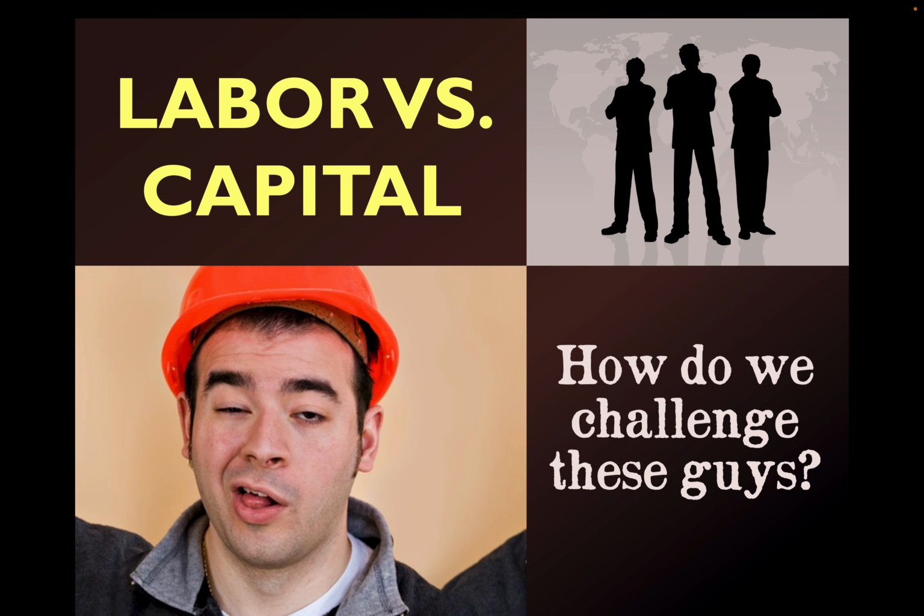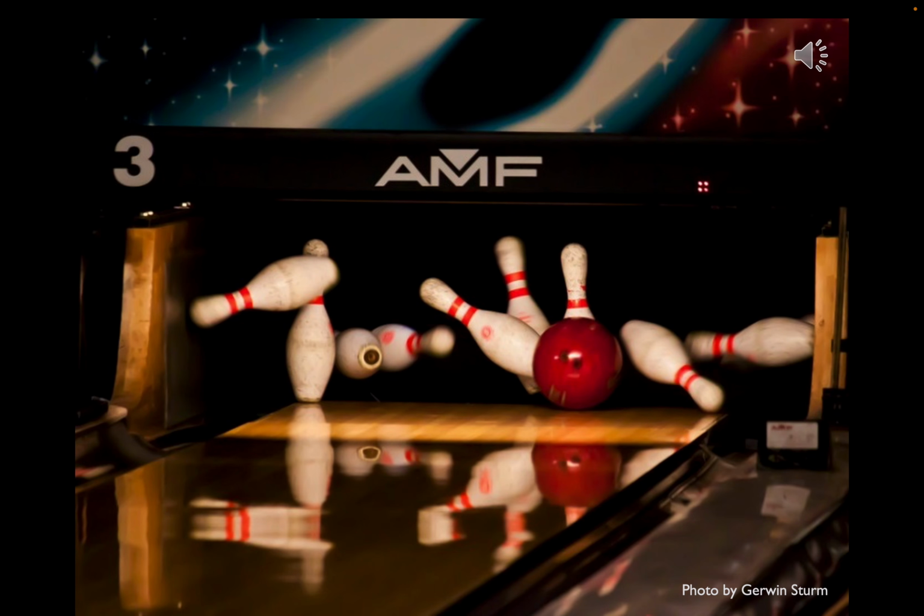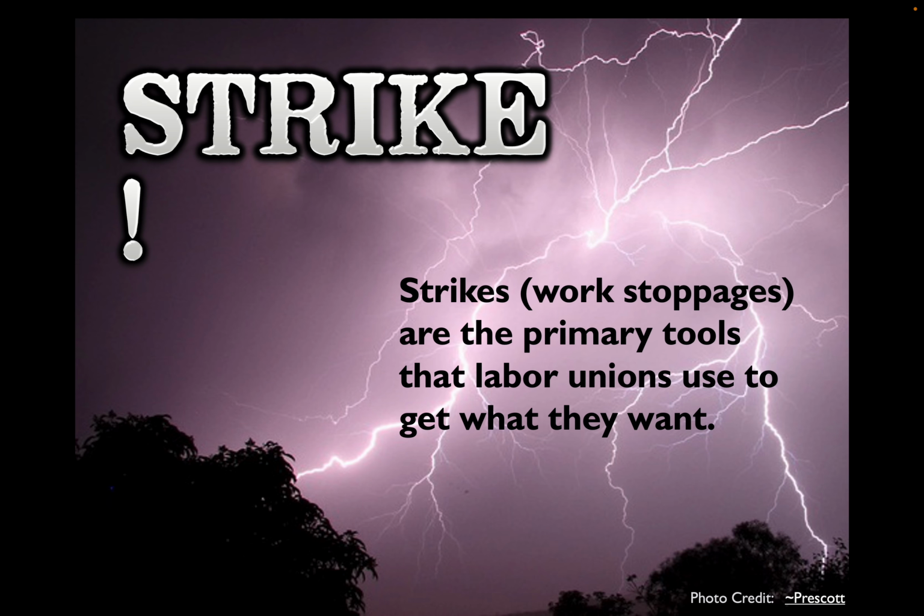So, labor versus capital. How do we challenge these guys? If you're a bowling fan, that's a strike, getting all the pins down, and that is one of the ways that you challenge the people who own the capitalists.